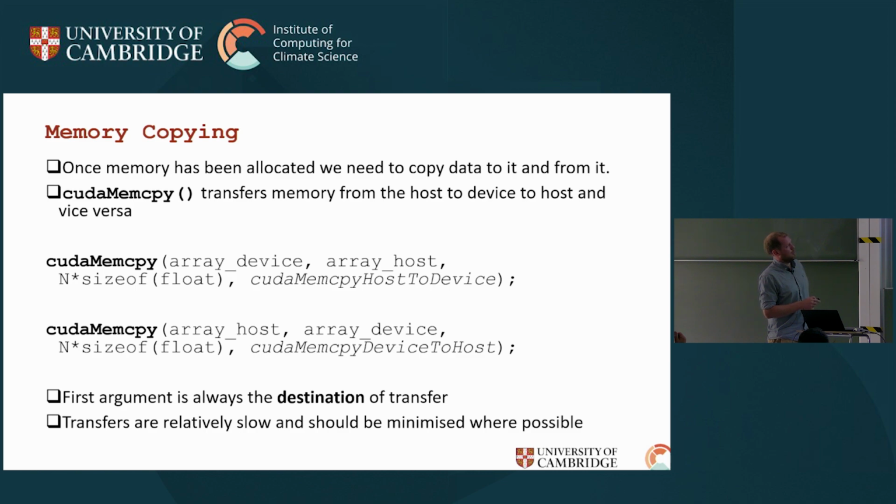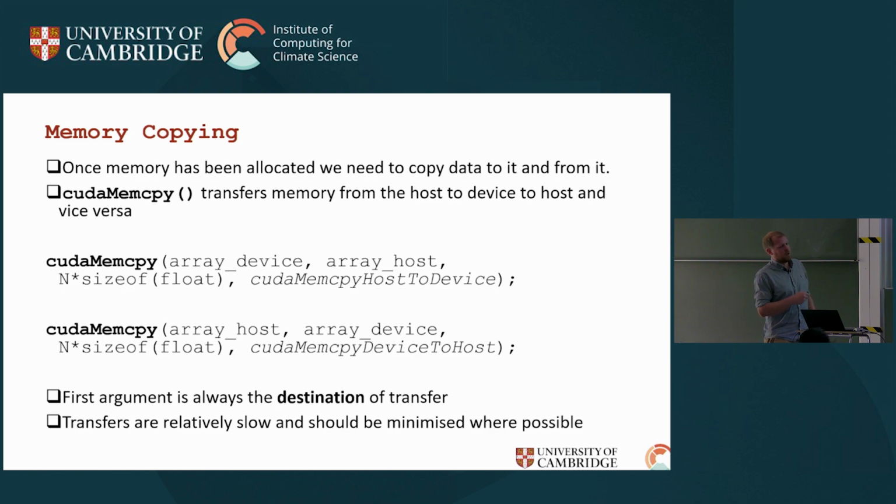So CUDA memcopy, what we're going to say is move to a piece of memory on the device from the host, this amount of memory, and we give it this intrinsic that specifies the direction. So CUDA memcopy host to device. So we're saying move everything that's pointed to in this piece of host memory to this piece of device memory, and do it for this size of memory.